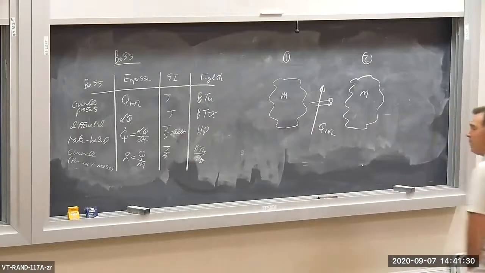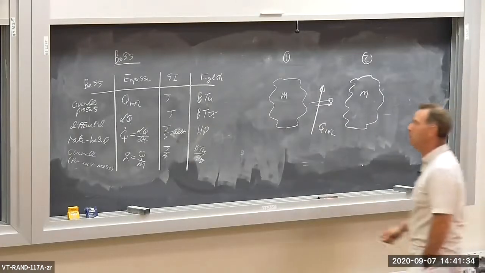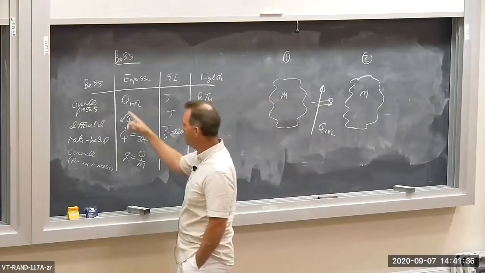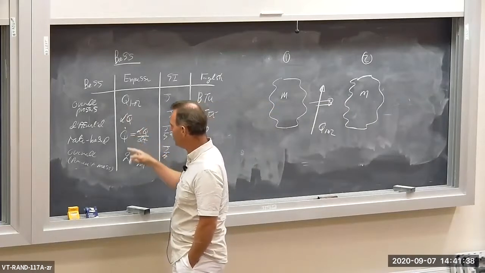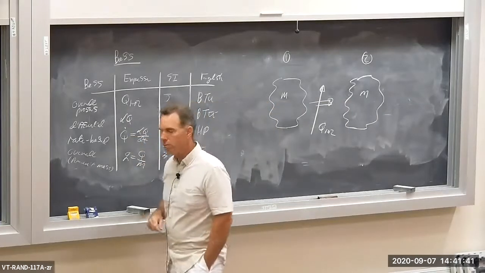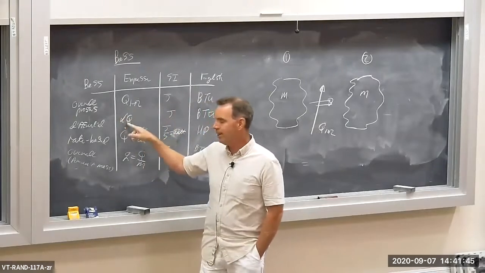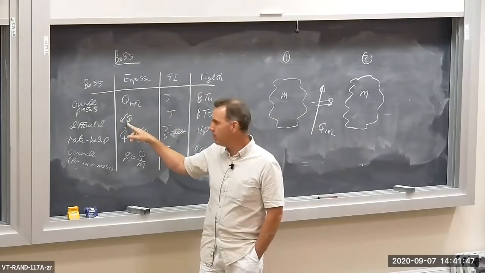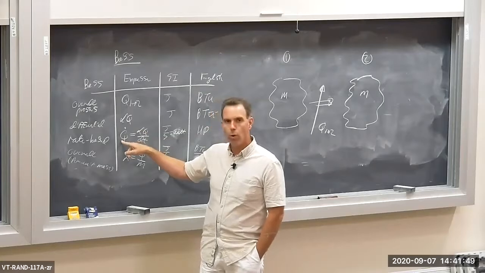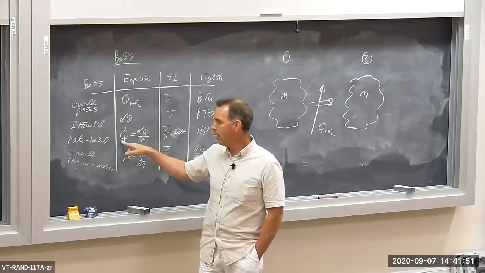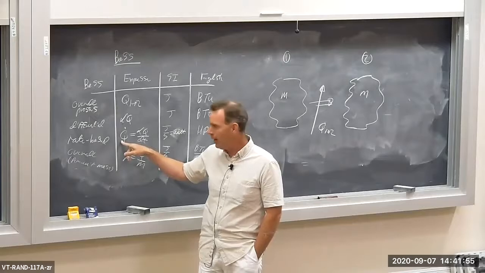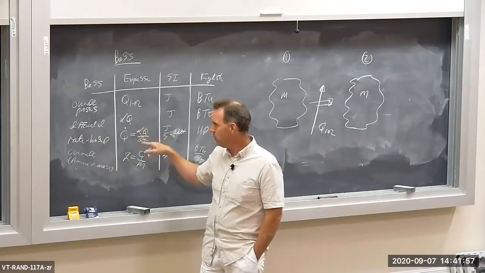By the way, the same thing can be said for work. I didn't draw this table for work, but you could replace every Q in here with a W. Work for an overall process, W1 to 2. Differential work, delta W. Work on a rate basis, that would be W dot, delta W over dt.